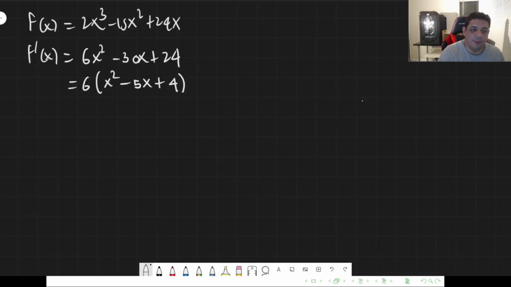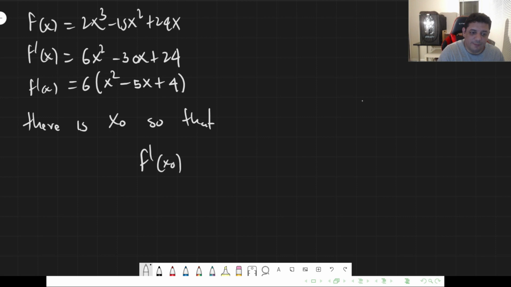When is the slope of the tangent line 6? But this is f prime of x. So we're assuming there is an x0 so that f prime of x0 is 6. Okay? But that will be 6 times (x0 squared minus 5x0 plus 4). Okay? So this means solving this equation.